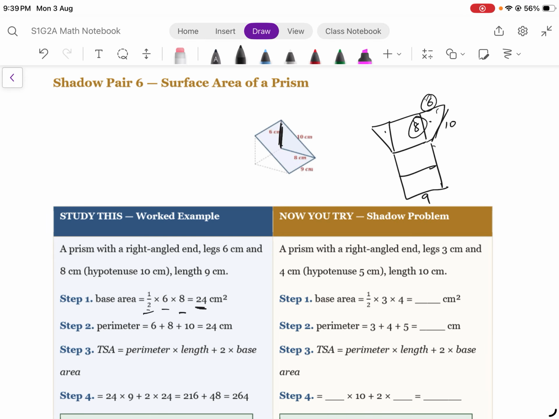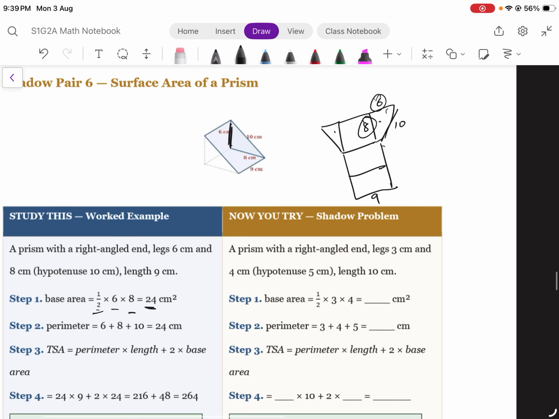Second, find the perimeter of this whole length here. This one is 8. This one opens up from here, and this one opens up to here. This is the three sides. This is the bottom, the 10 side, and this one is the 6 side. The reason they find the perimeter here is because they want to take this as a long rectangle, so base times height.